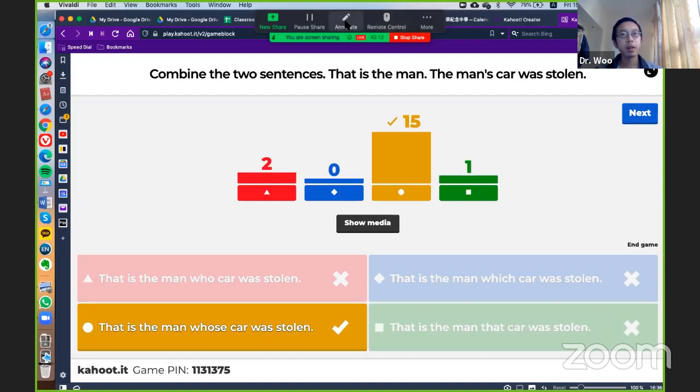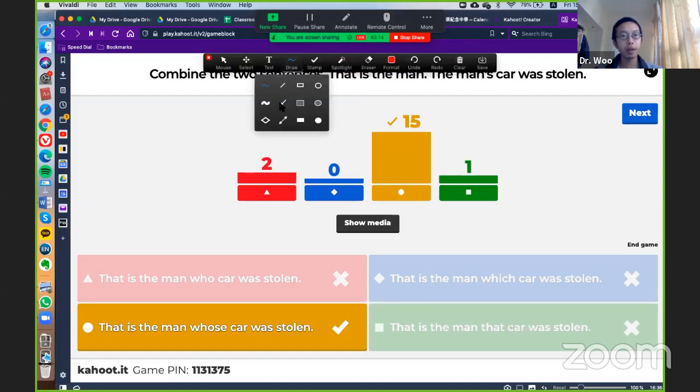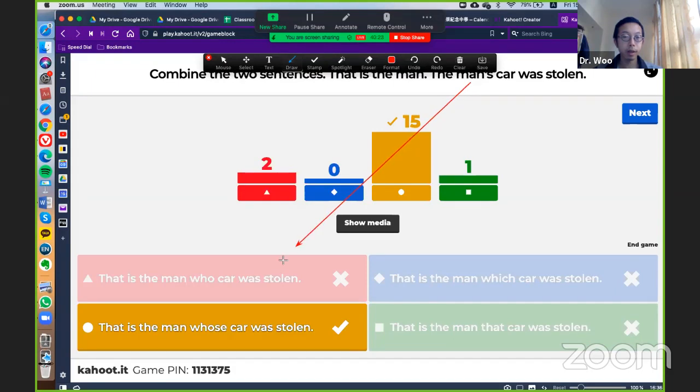Great job, boys and girls. So now you see possession. You see the man's car was stolen. And instead of seeing the man's, you see whose.